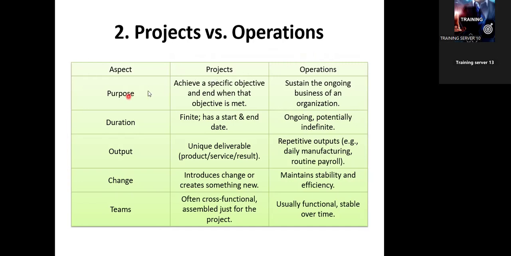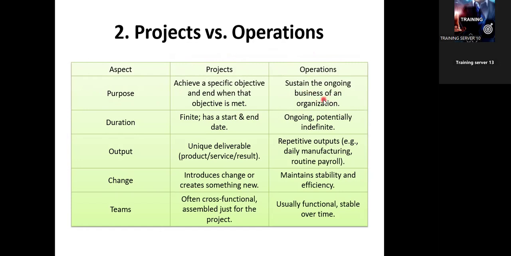The purpose of any project is to achieve a specific objective or objectives at the end of that project, and also we have to meet those outcomes. While in any operation, we have to know that it's ongoing business.